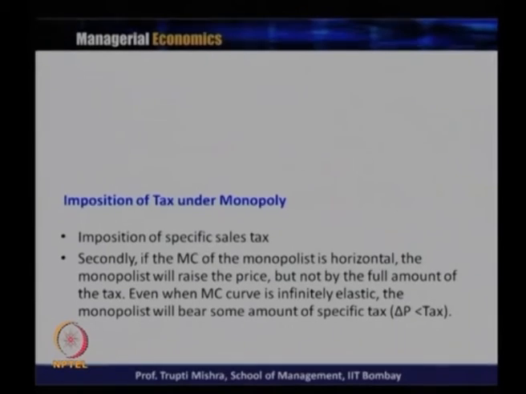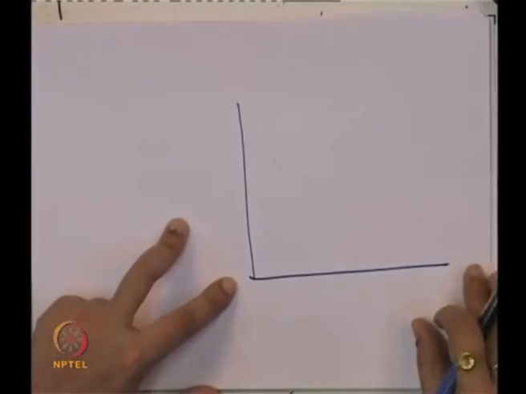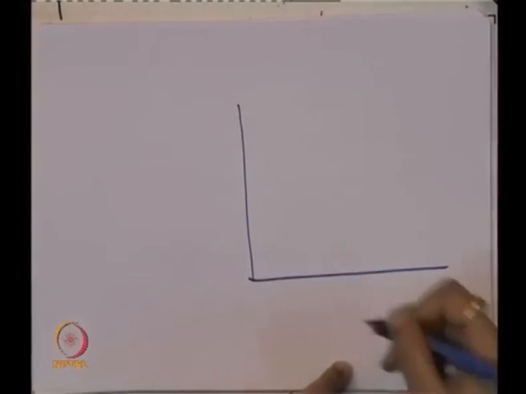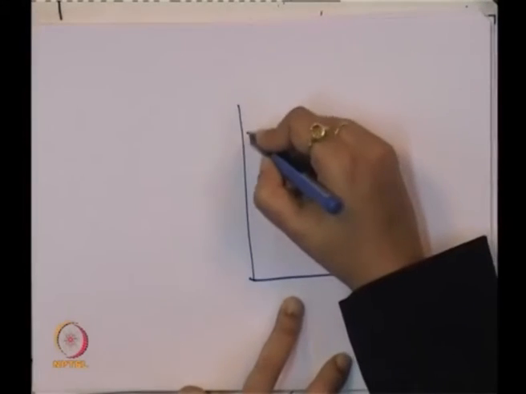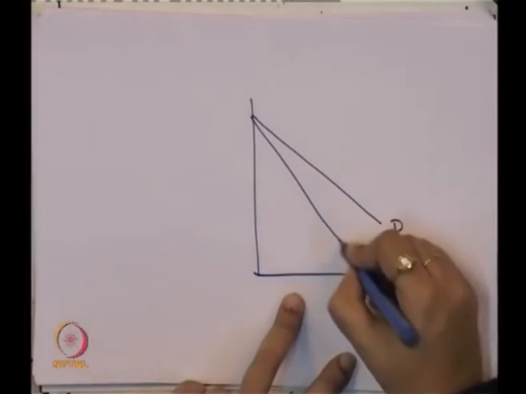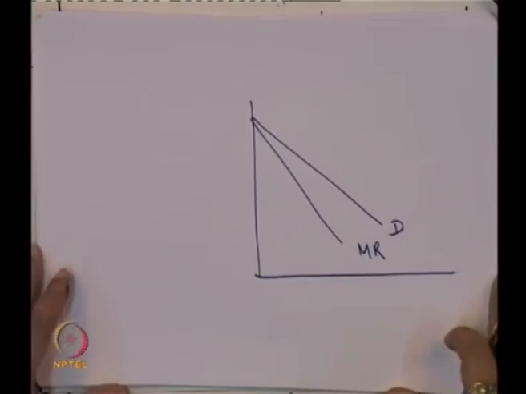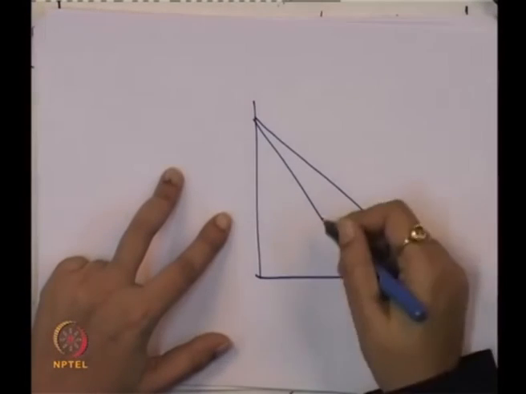So even if the MC curve is perfectly elastic, or horizontal, still the monopolist is not passing all the tax burden to the consumer, still they are bearing a part of it.